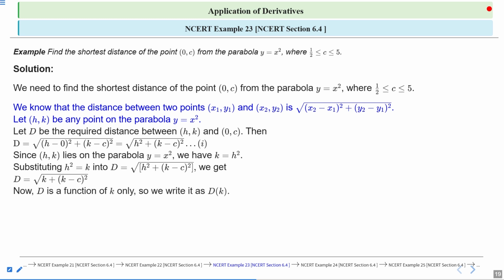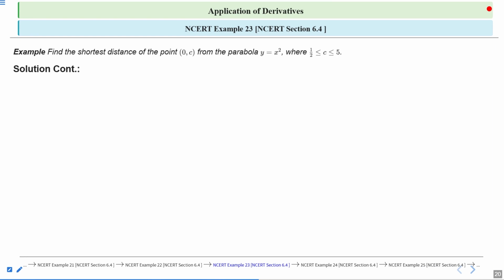Now d is a function of k only, so we write it as d(k). Clear? Therefore, d(k) = root over k plus (k − c) whole square.